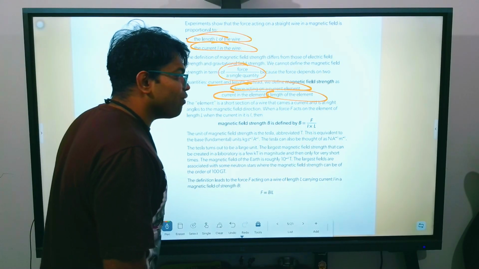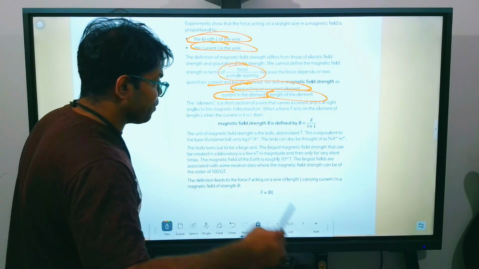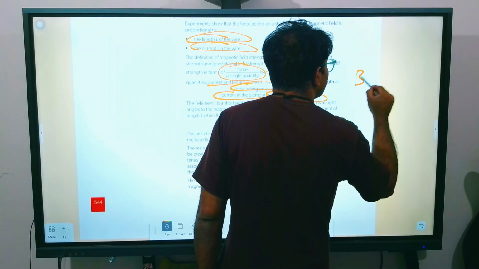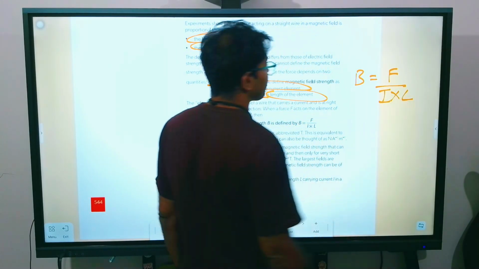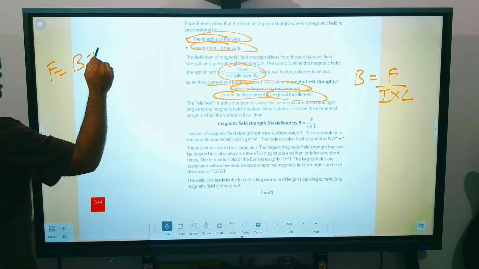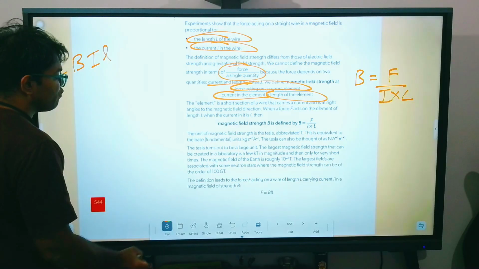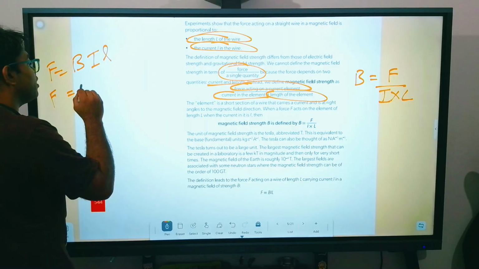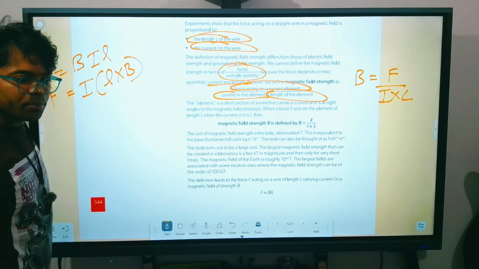When a force F acts on the element of length L, when the current carrying it is I, then the magnetic field strength B is defined as B is equal to F upon IL. So F is equal to BIL. If you wanted to write it in the vector formula, we usually write force is equal to I multiplied by L cross B.